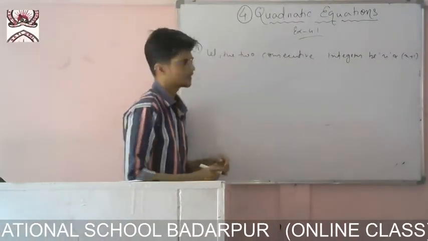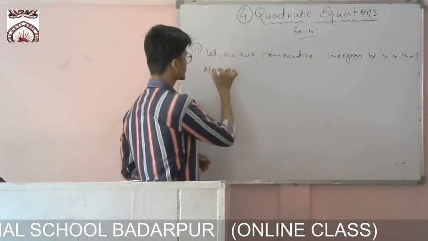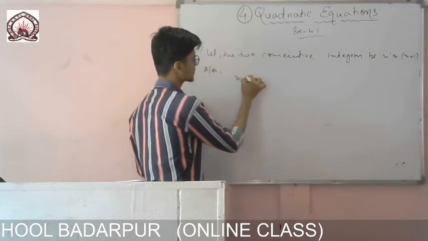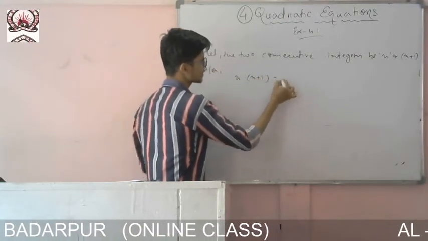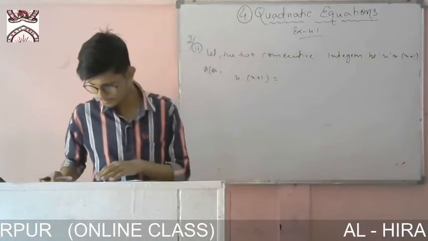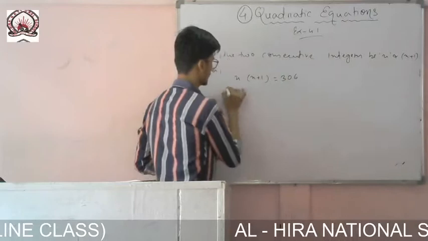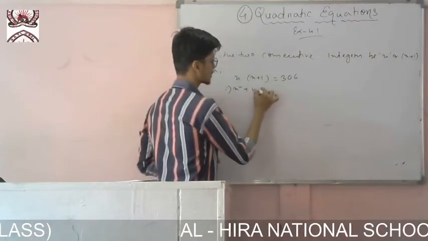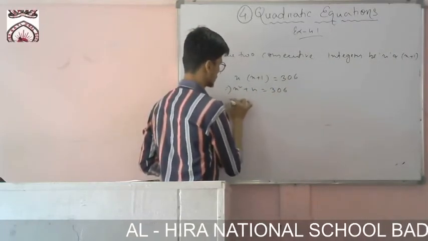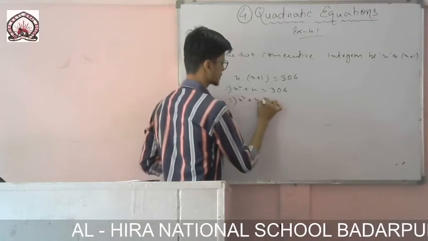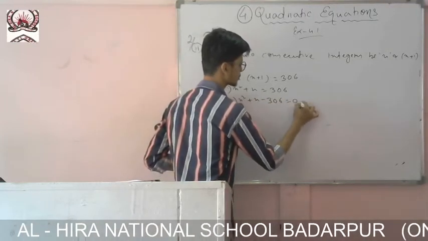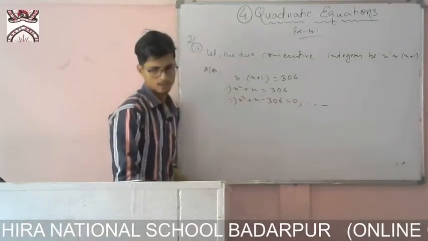Then according to the question, the product is x into x plus 1. The product of them is given as 306. So it will be x square plus x equals 306. So x square plus x minus 306 equals 0, which is the required quadratic equation.